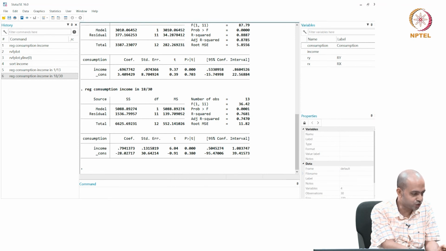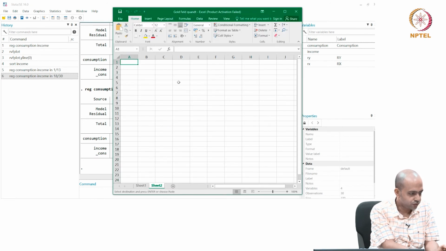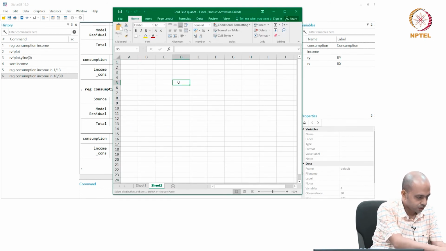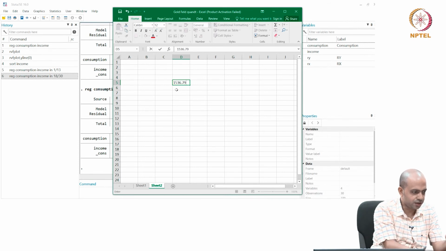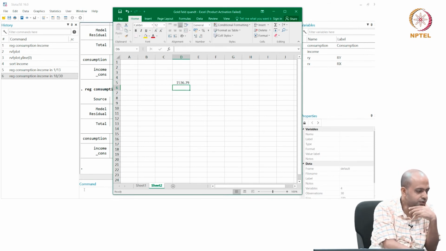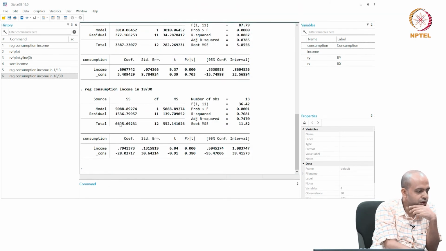RSS2 is 1536.79, and then what is RSS1? RSS1 is 377.16.